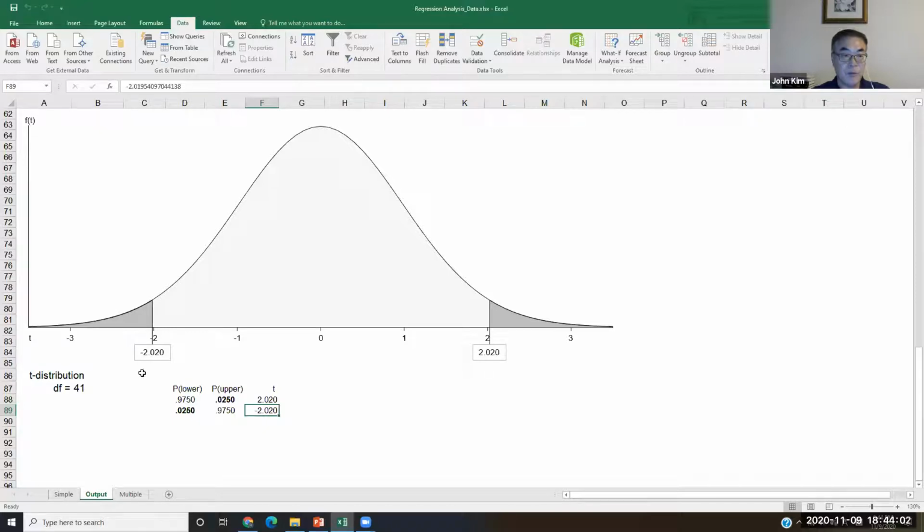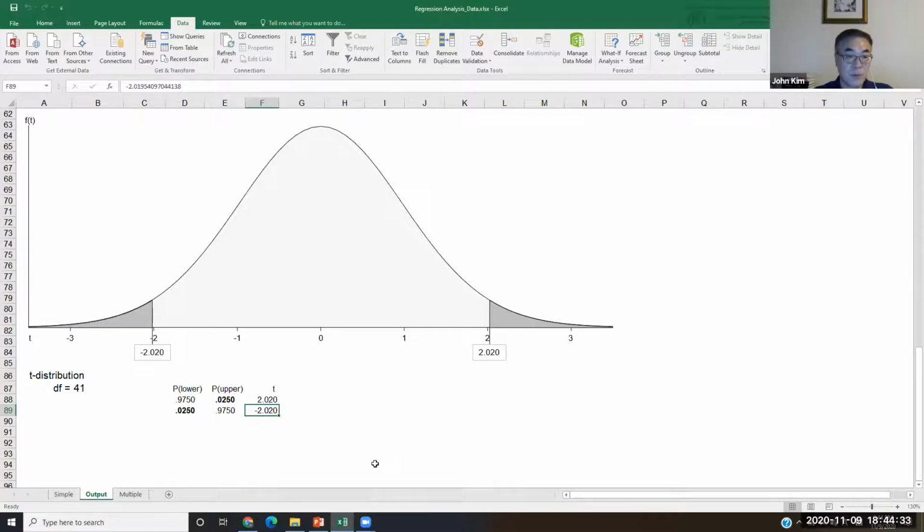So if the test statistic is inside, do not reject the null hypothesis. Outside, here or there, reject the null hypothesis. If that individual test is rejected, then the X variable is useful to predict.